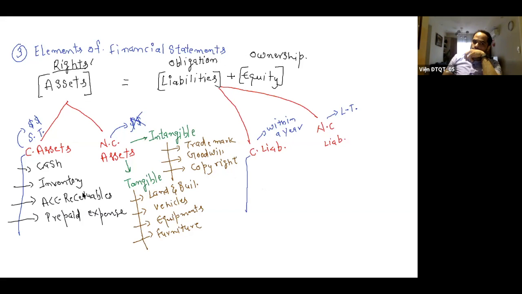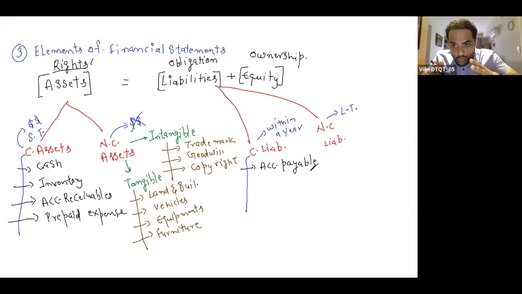The opposite of accounts receivable is accounts payable. What does accounts payable mean? Accounts payable are the people to whom we have to pay money. So for example, we purchase material on credit, which means we buy now and we pay later.